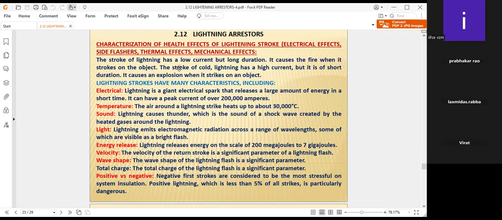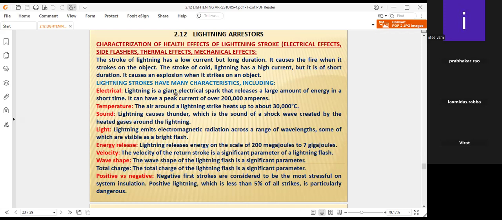For example, if the stroke of cold lightning has a high current but short duration, it can cause an explosion when it strikes an object, because where the cold and wet condition is there, it leaks electricity. Definitely it causes explosions when it strikes an object in these conditions.